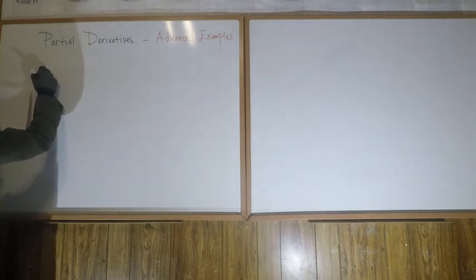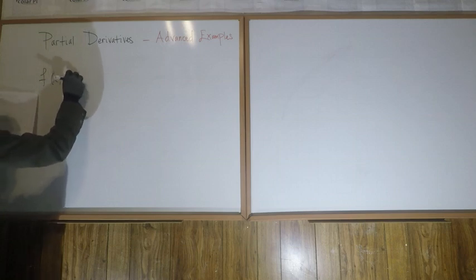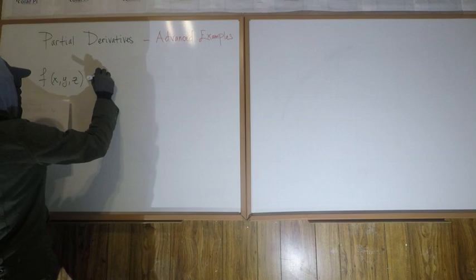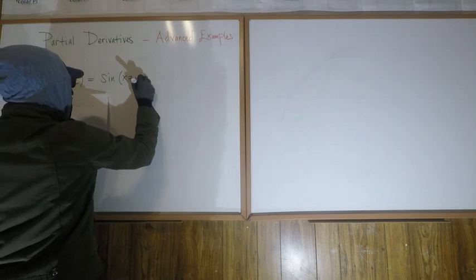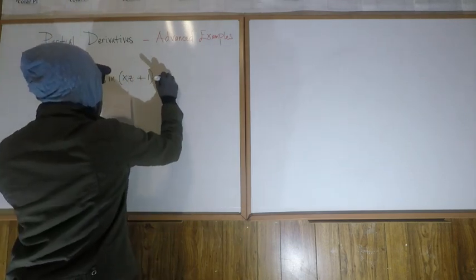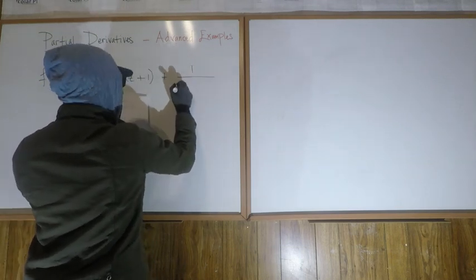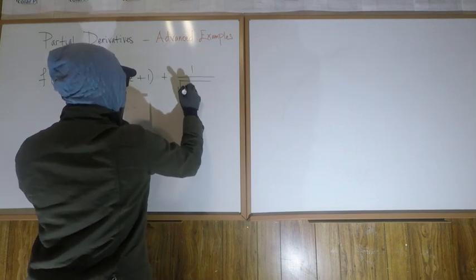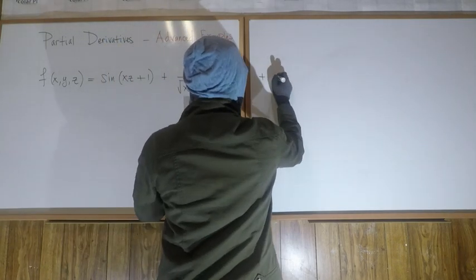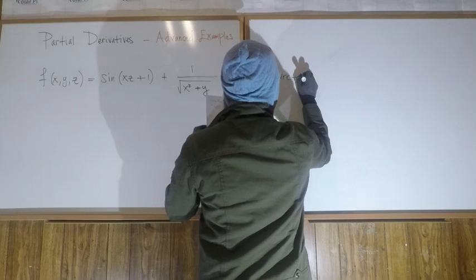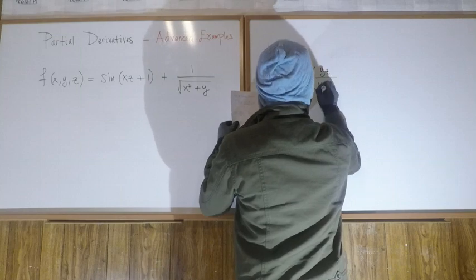So, I guess save the best for last. In this one, it's a function of 3 variables, f(x, y, z) equals sine of (xz plus 1), plus 1 over the square root of (x squared plus y), plus arctan of (yz over y plus z).